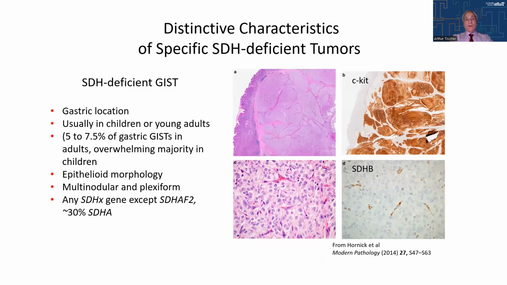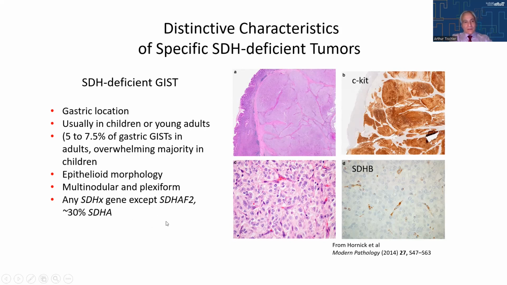Fortunately, the syndromically related SDH deficient tumors do have distinctive characteristics. So SDH deficient GIST is typically located in the stomach, most often in children or young adults, and has epithelioid morphology and a multinodular or plexiform pattern.